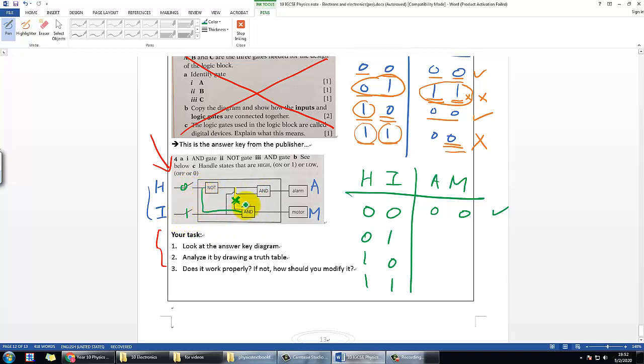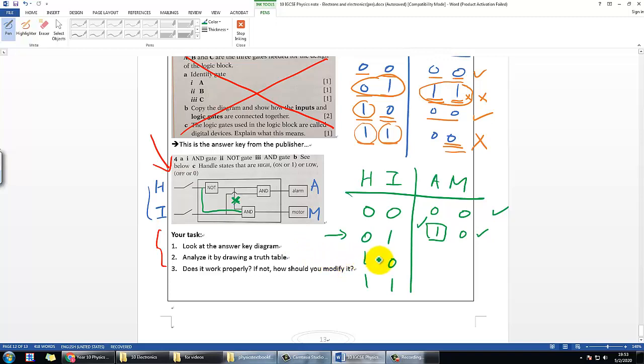The 0 gets copied here, 1 copied here, 0 becomes 1 here, and then this 1 gets copied here, and 1 gives you 1, and for the motor, 1 and 0 give you 0. This is actually fine because this is the case when somebody wants to steal your car and you want the alarm to be on, which is good. At the same time, you don't want the car to be able to move.